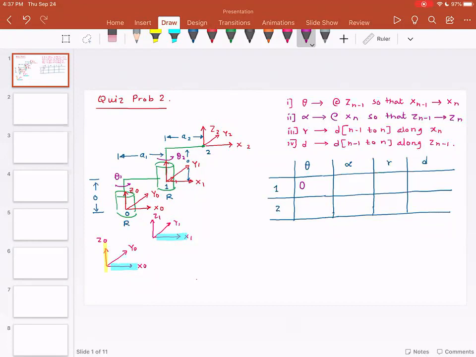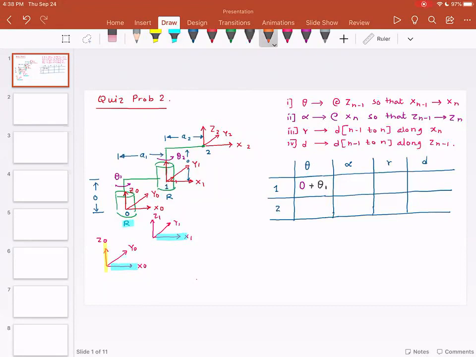But in theta, you will have to include the joint variable if it's a revolute joint. So this joint is a revolute joint, which means I need to add theta 1. So this is my theta term.